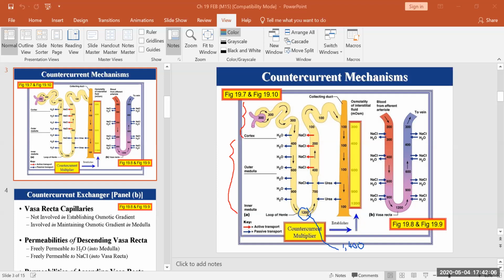So it's moving from 1200 all the way to 100 here. It can go as low as 50 milliosmol. And that renal filtrate can become dilute urine. In this case, 100 here, it's considered to be dilute urine.